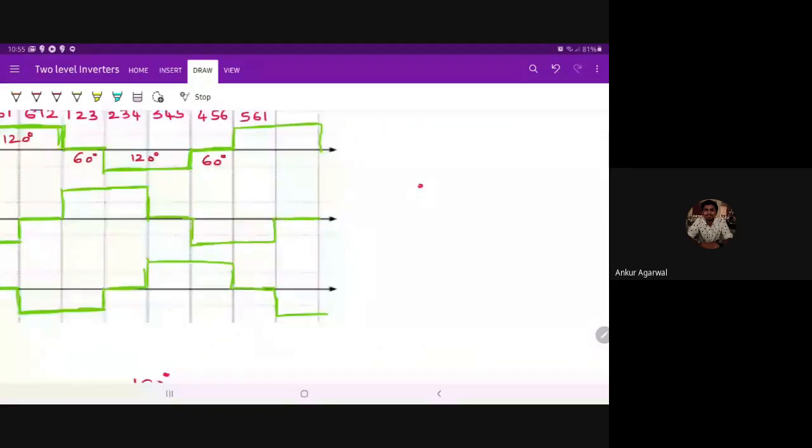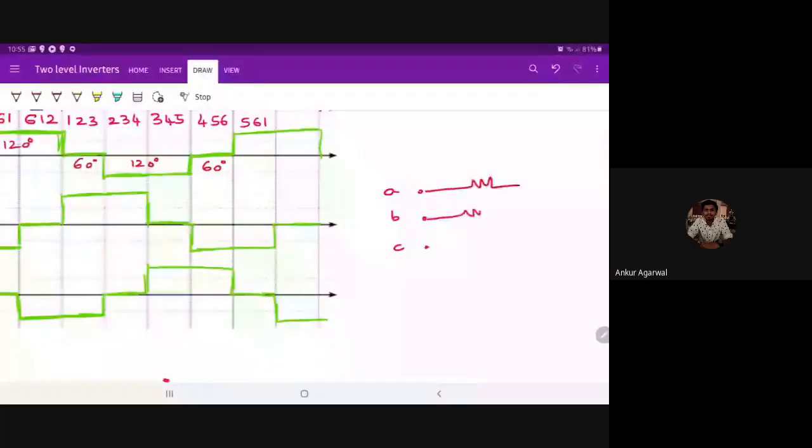I assume these are the three output terminals, A phase, B phase, and C phase. I connected a load here, and this is the load neutral. Now I want to analyze VAN, VBN, and VCN.